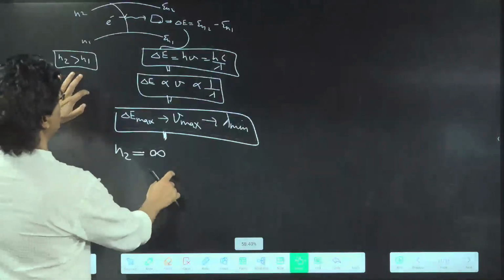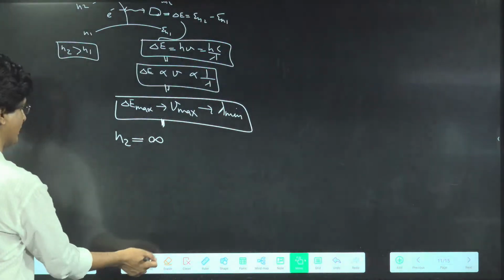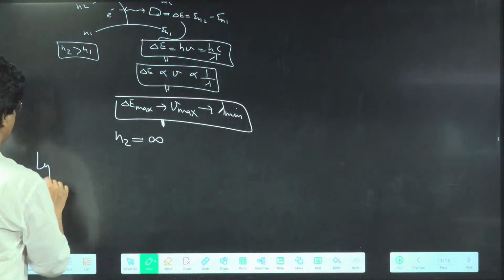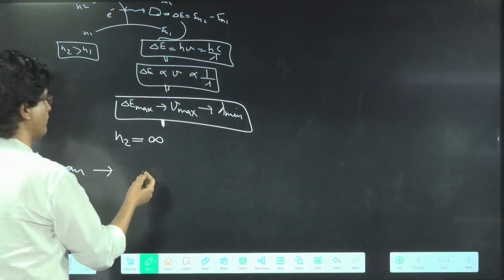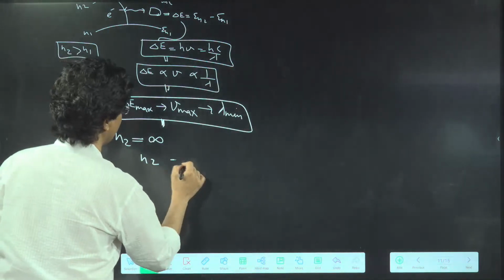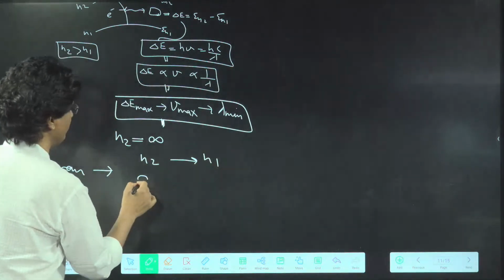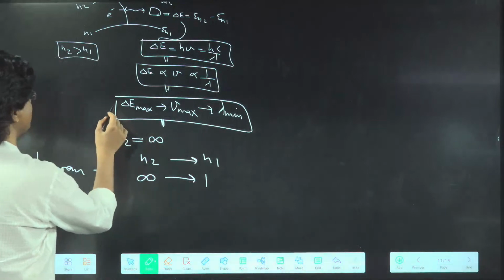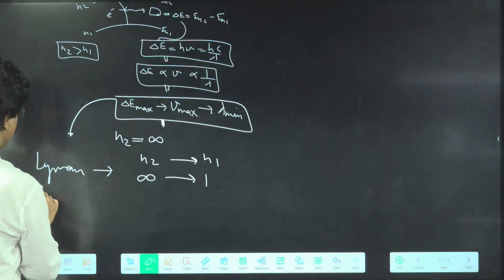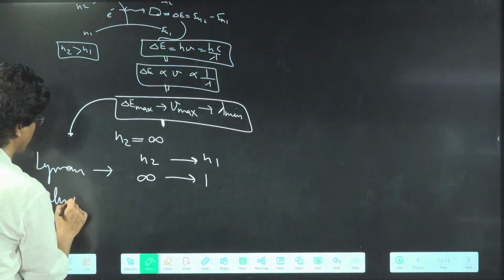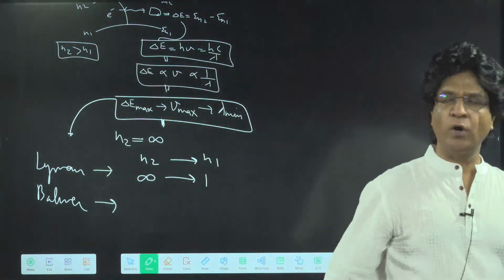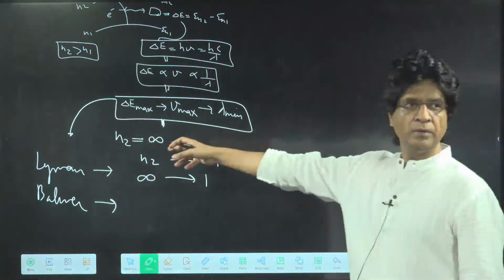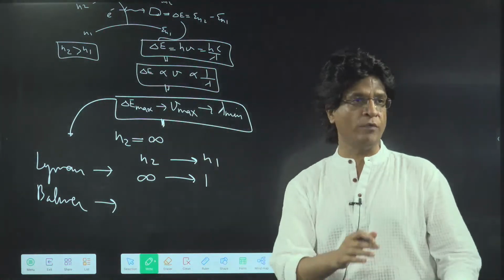Now tell me one thing: for the Lyman series, the electron should fall from where to where? From infinity to 1. In that case, delta E will be maximum. For the Balmer series, if you want delta E to be maximum, the electron should fall from where to where?